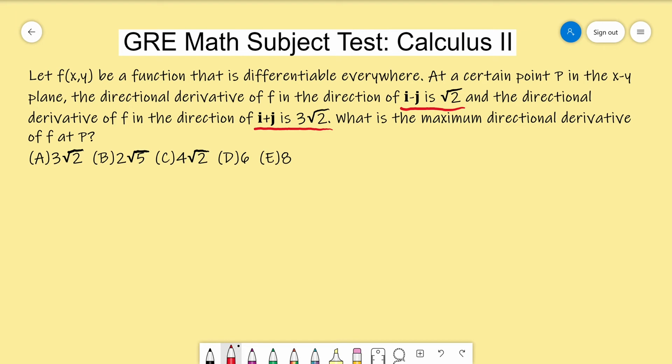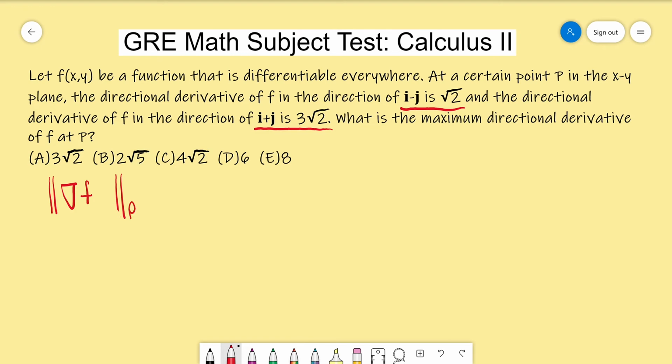So what we have to remember is a few things. The maximum directional derivative is the magnitude of the gradient of f at P, evaluated at P. I could also write the P outside, make that easier.